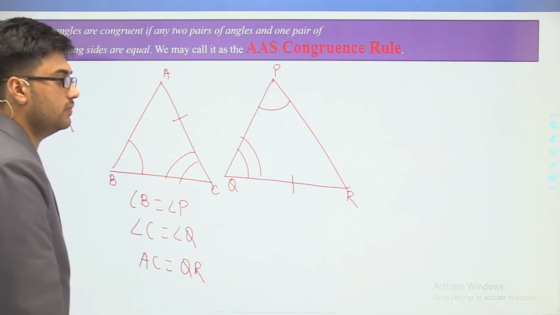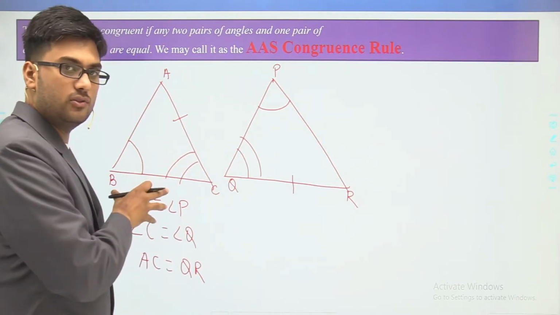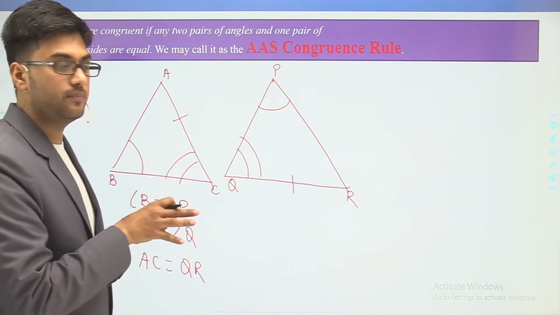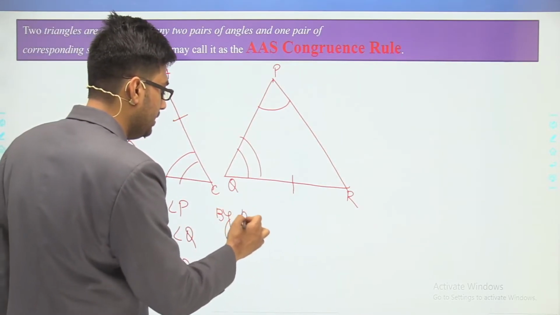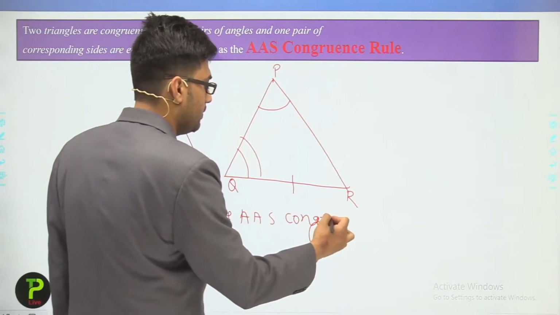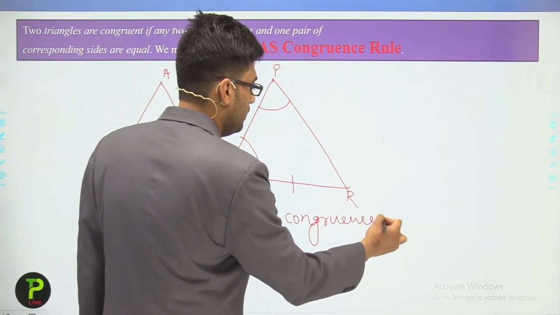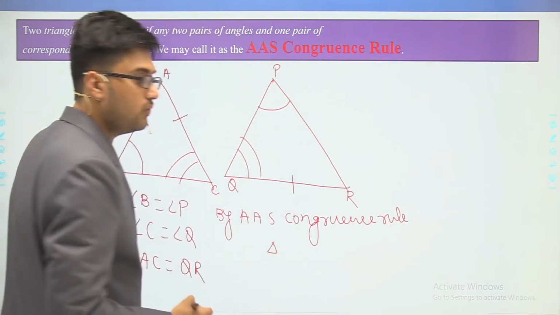These should be equal in this sequence only. Then we can say that by the angle angle side congruency criteria, which triangles are congruent here?